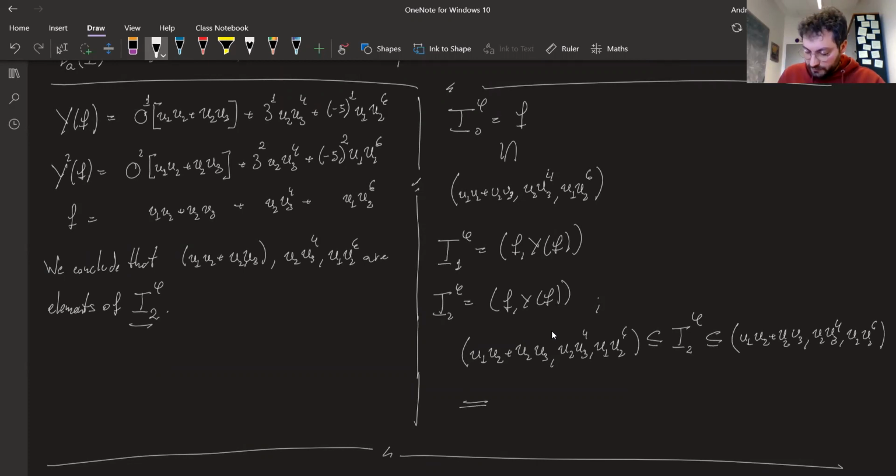So we conclude that the invariant is going to be equal to true, because this one is the I infinity phi. Invariant of phi at 0 is equal to true. We needed two derivations in order to obtain this.